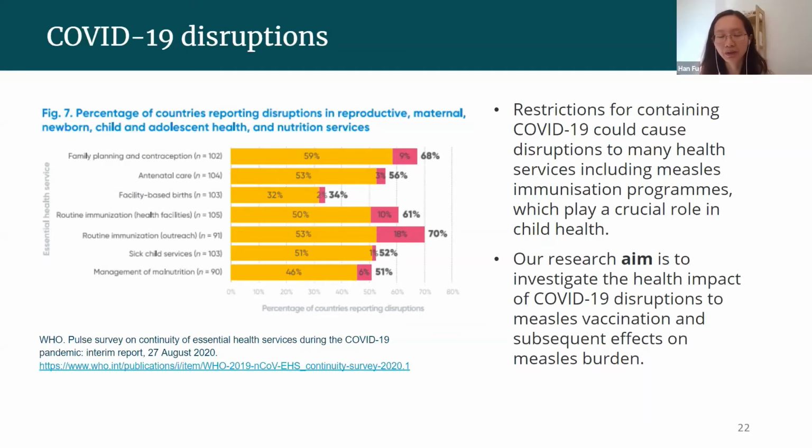Since, as the previous slide shows, measles has a really important role in child health, the disruption of COVID-19 to measles vaccination programs might also have a large implication on childhood health. So this analysis aims to investigate the health impact of COVID-19 disruptions to measles vaccination and subsequent effects on the measles burdens.